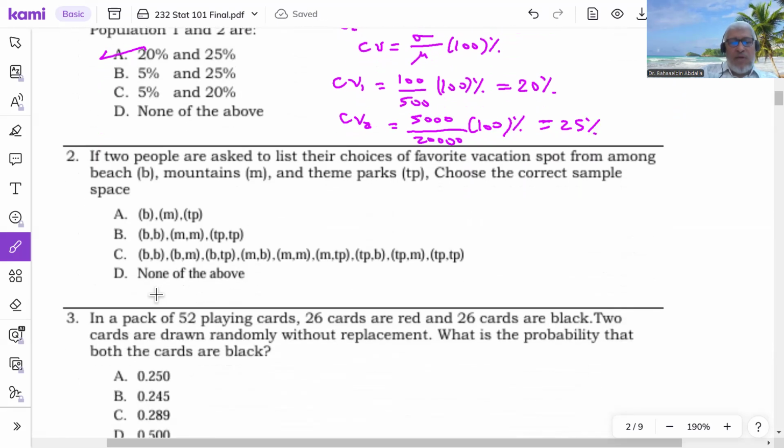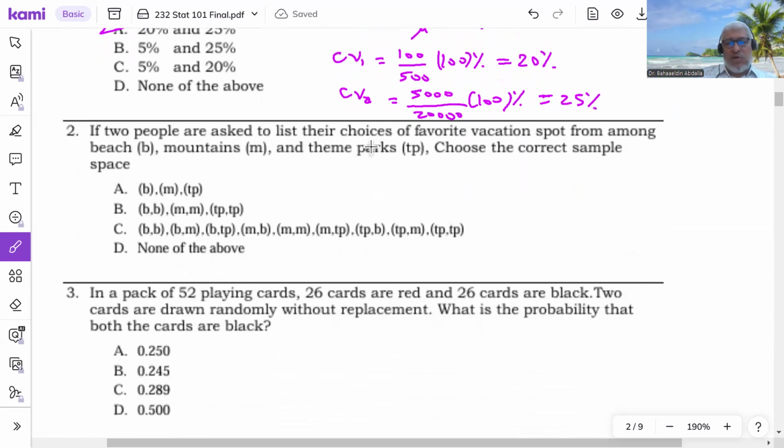If two people are asked to list their choices of favorite vacation spot from among beach, mountains, theme parks. So we will ask two people about their favorite choice, B, M, or TP. What would be the sample space? If you use a tree diagram, you can think of this experiment like this.